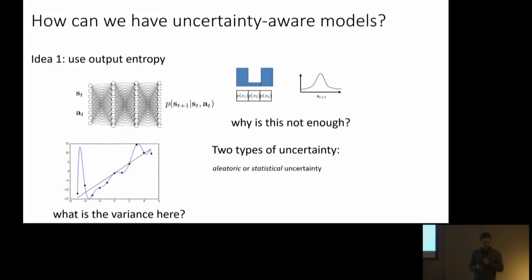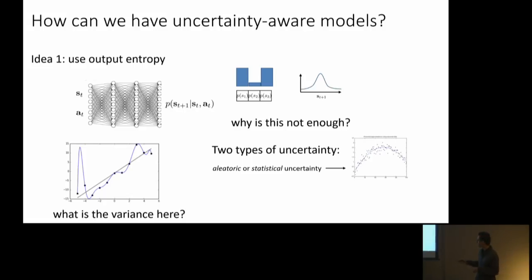What neural networks estimate when you train them to output either categorical distributions or Gaussians or any other kind of distribution on the output is aleatoric or statistical uncertainty. This refers to the uncertainty that's inherent in the data. If I give you a data set like these black dots, there is noise in the data, meaning there's some true underlying system, some kind of curve, and the data points are the consequence of taking points on that curve and corrupting them with some noise.